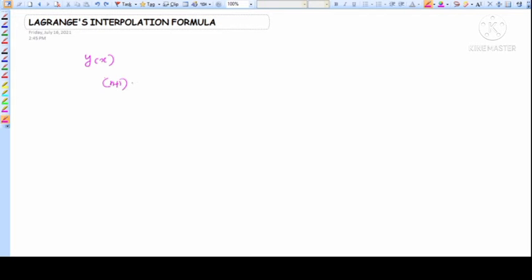As you know, n plus 1 points x0, y0, x1, y1 up to xn, yn. These are the n plus 1 points. So we have to find an interpolating polynomial using these points.